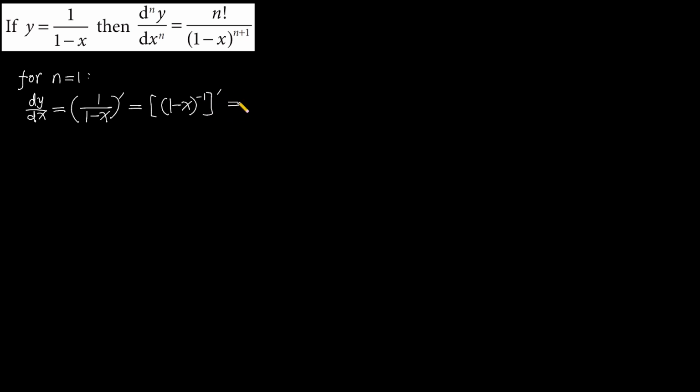This equals -1 multiply (1 minus x) to the power of -1 minus 1, multiply the derivative of 1 minus x.